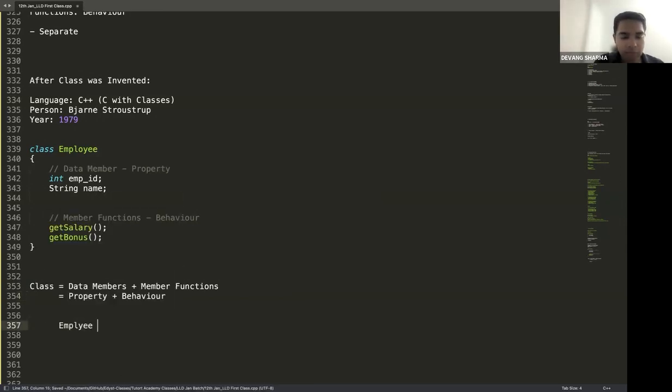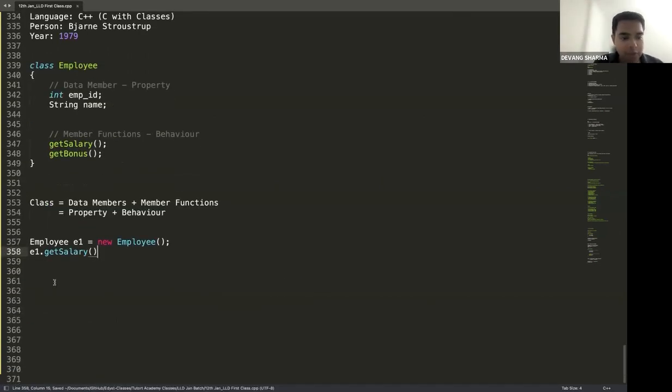If you take an example of employee, I can create an object out of it, new employee, and then I can access it using an object. This is how we work with classes. So we have a class, we can create an object out of it, and using that object, I can access the data members and member functions.